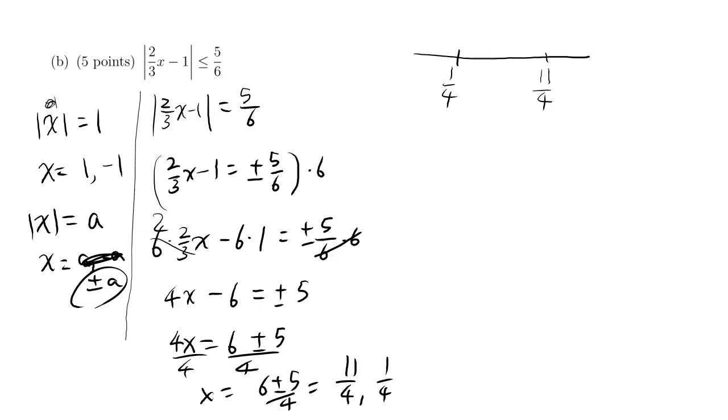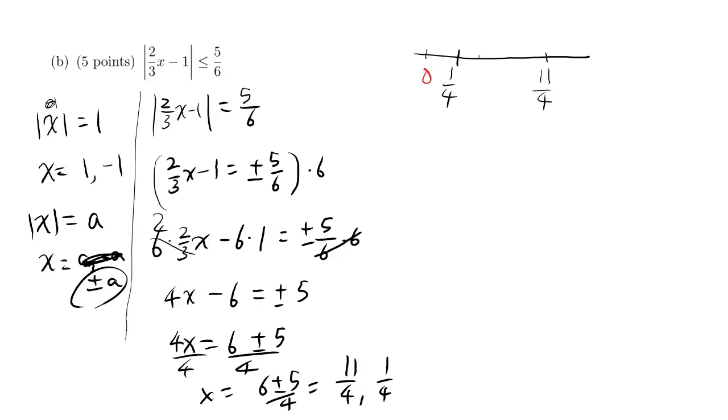Now, what do these numbers mean? These are the numbers where this equal sign happens. All the other places, either this side is strictly less or this side is strictly bigger. So if you know that, then we can just start doing sample points. So 0 is a number before 1/4.